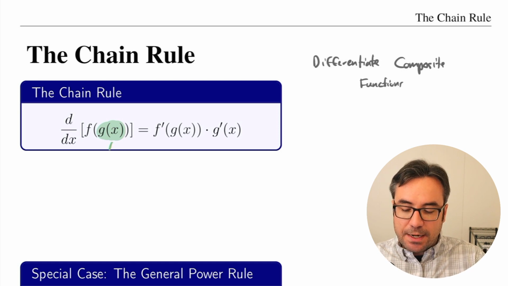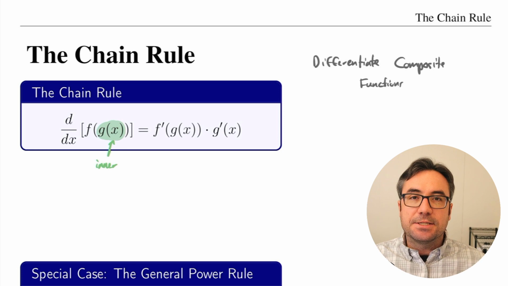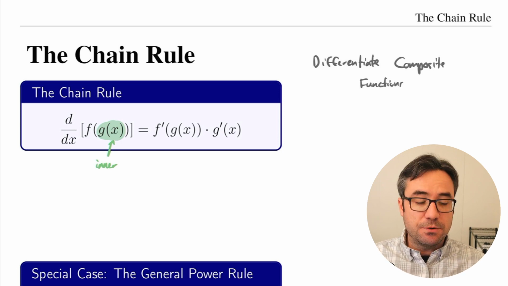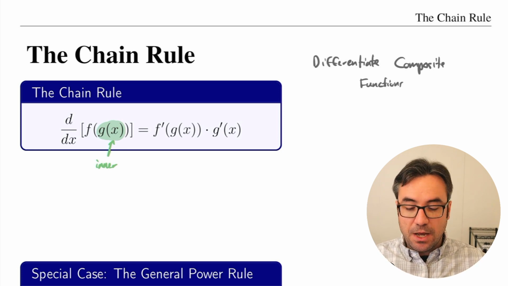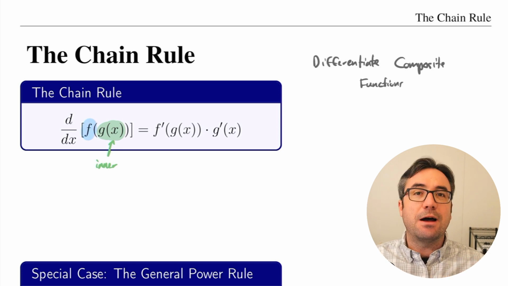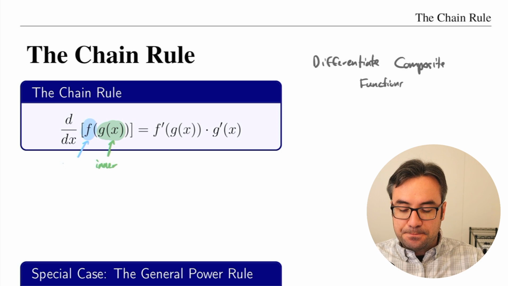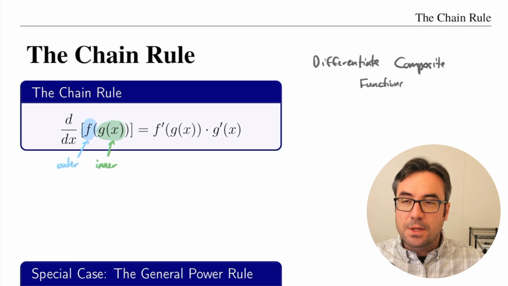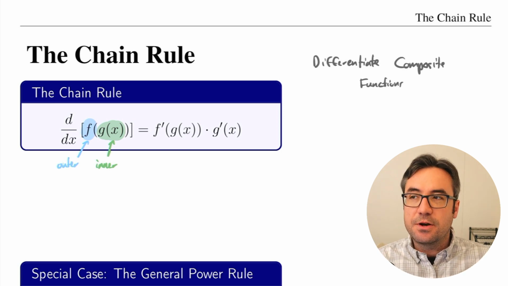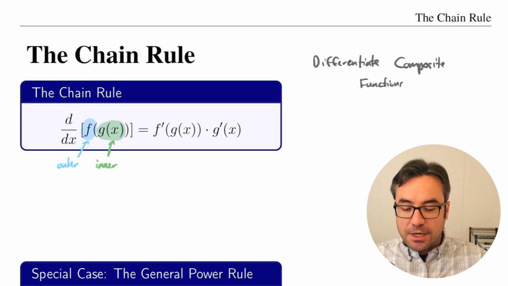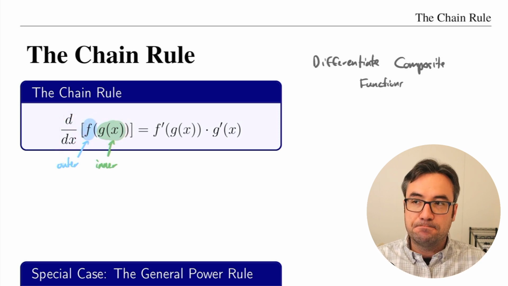We want to be able to identify both. So we have our outer function and our inner function, and what the chain rule does is tell us how to differentiate their composition.